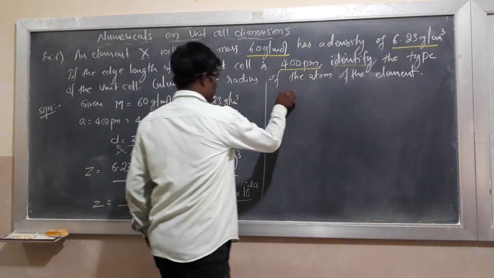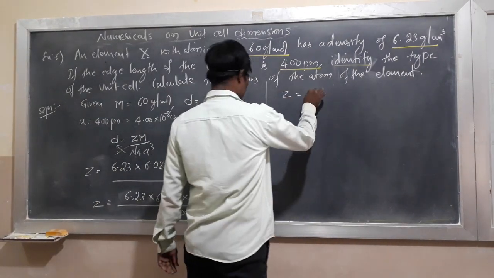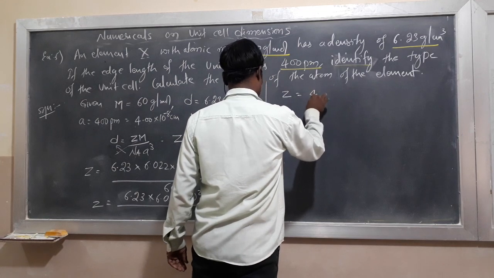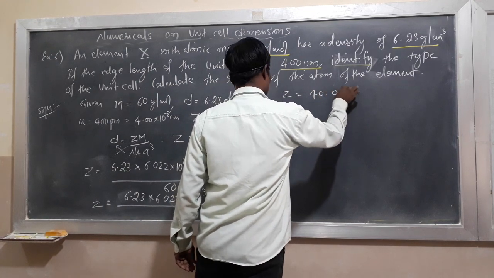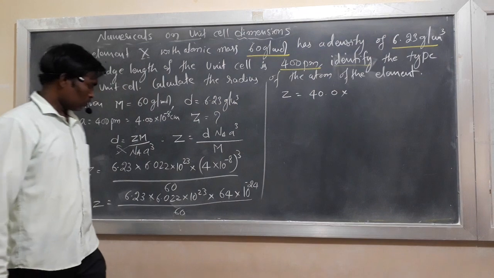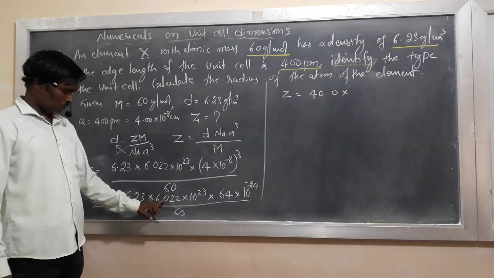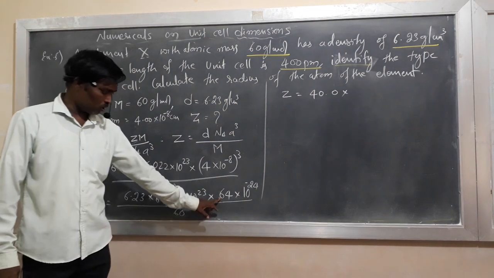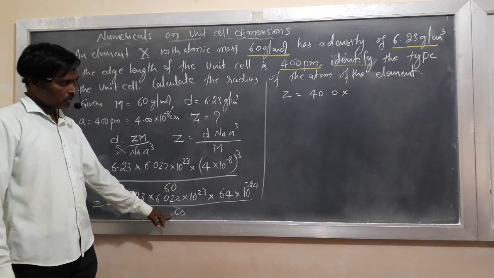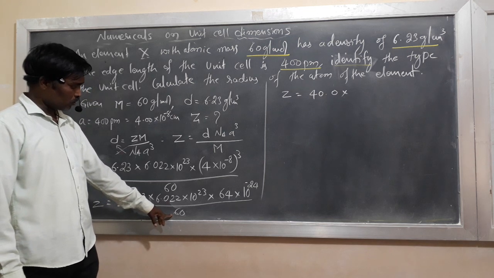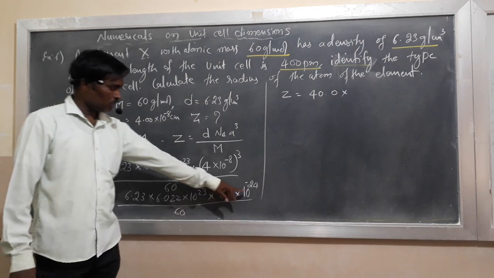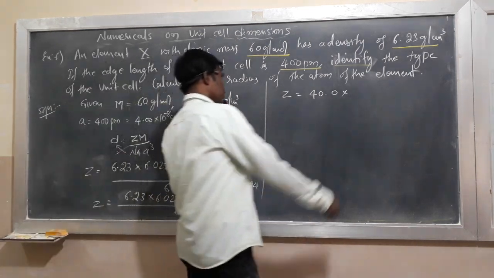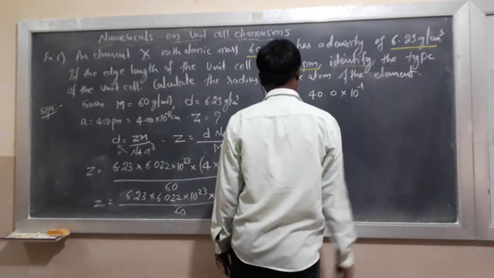Z is equal to 40.0 into 6.23, 6.022 into 64 divided by 60. You get 40.0, and 10 raised to 23 into 10 raised to minus 24 is 10 raised to minus 1.